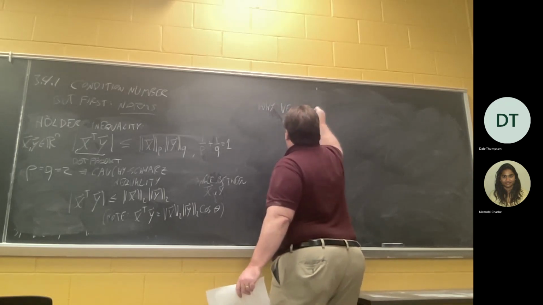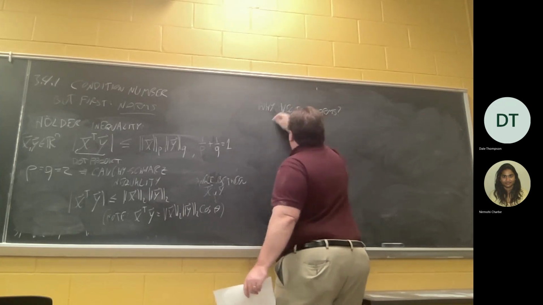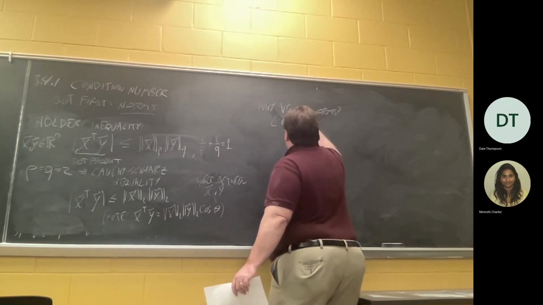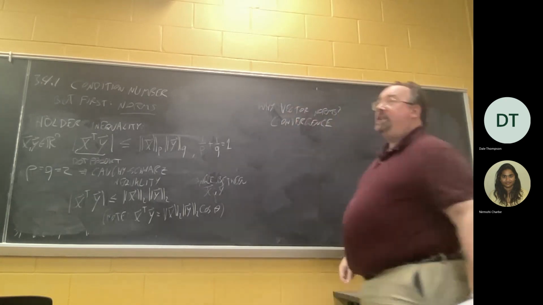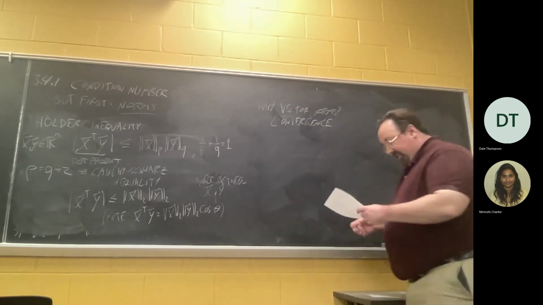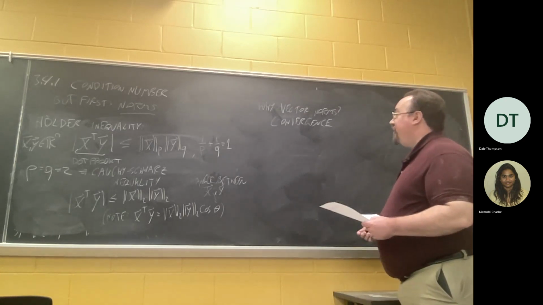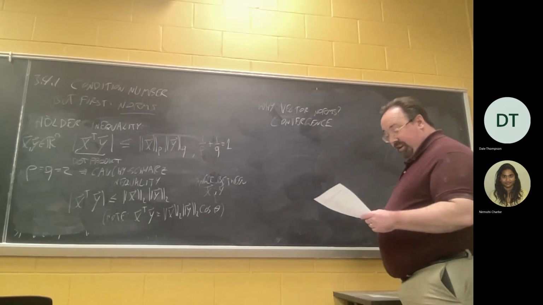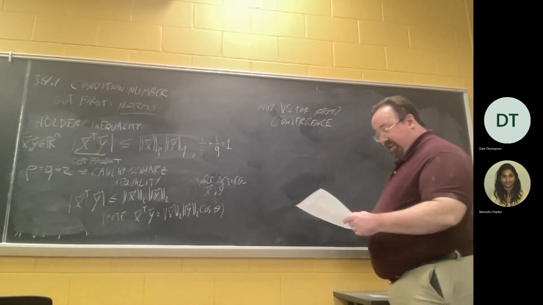But what's of particular interest to us has to do with convergence. Later on in this semester, we're going to be seeing iterative methods for solving Ax equals b. And norms are useful for defining what it means for a sequence of vectors to converge.